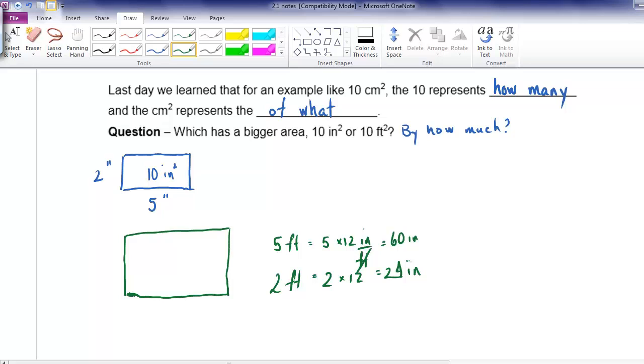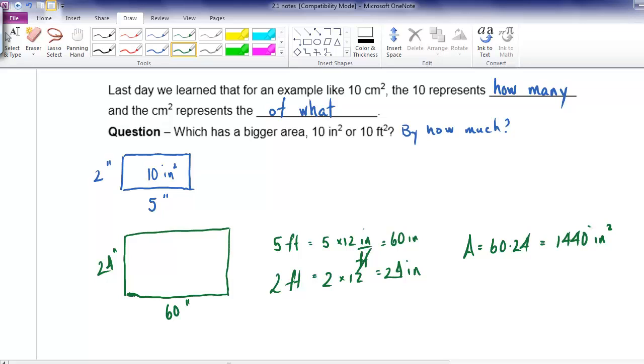And in doing this, we can then represent L as 60 inches and the width of my rectangle as 24 inches. And when we do our area calculation of a rectangle, which is L times W, we find out that the area of this rectangle is equal to L times W, and that ends up being 1,440 square inches.